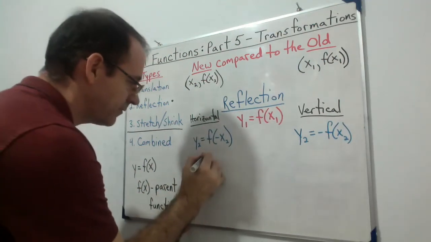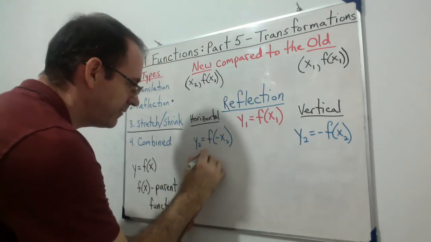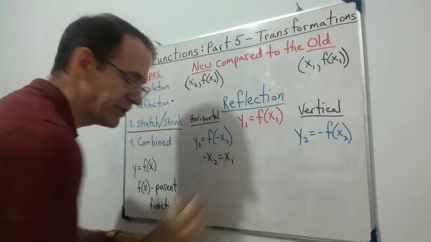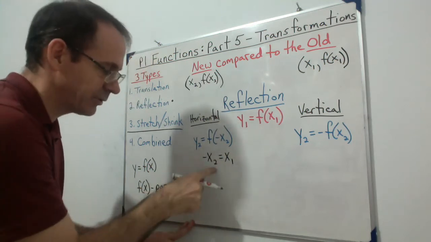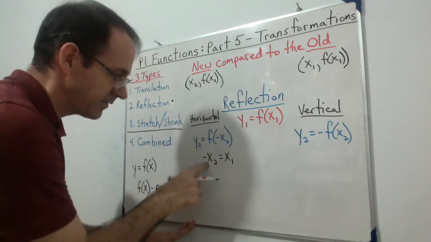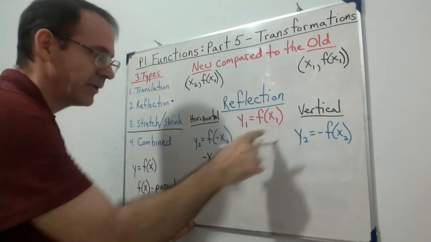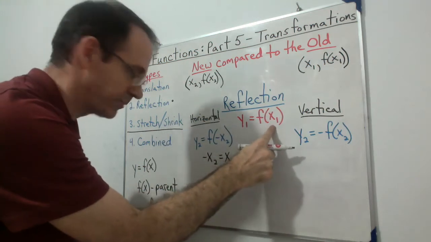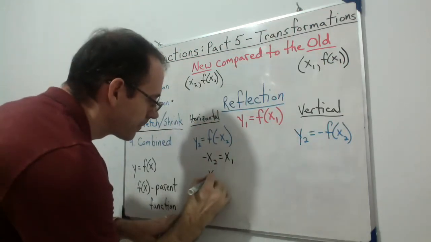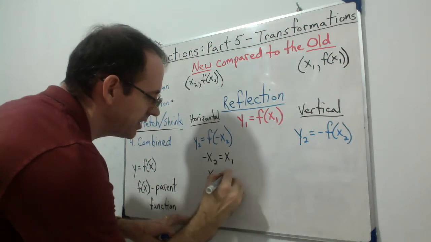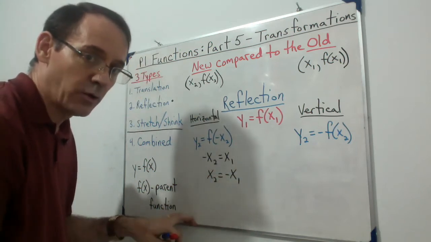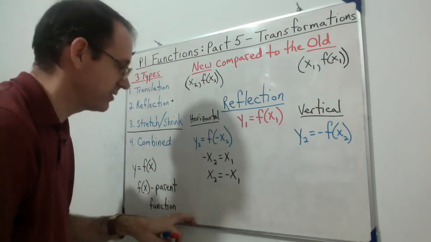So if we look for the x's, in our second function, the x is now negative, replaces x subscript 1. So if we want to compare the new to the old, our new function is a negative of the old. That's going to be interesting.